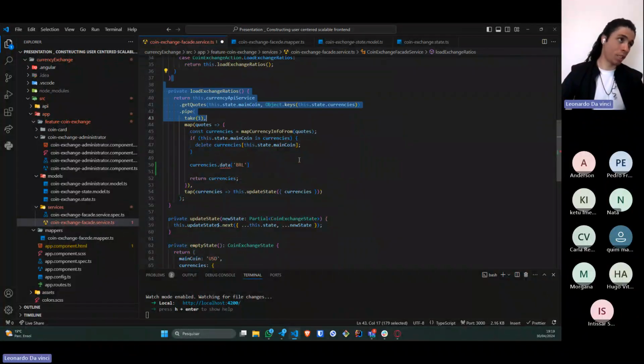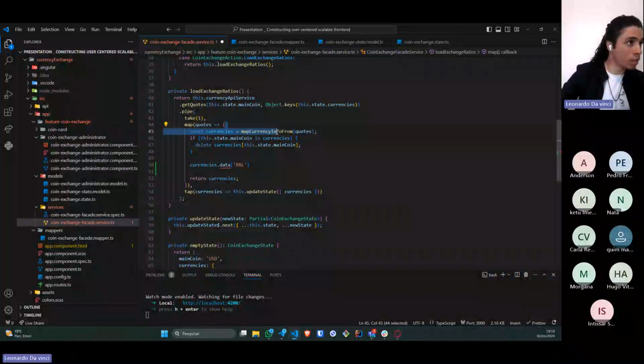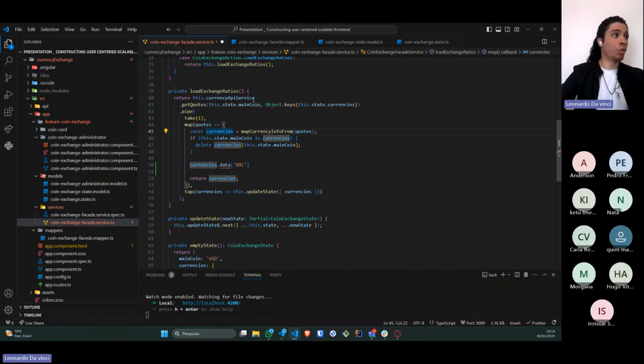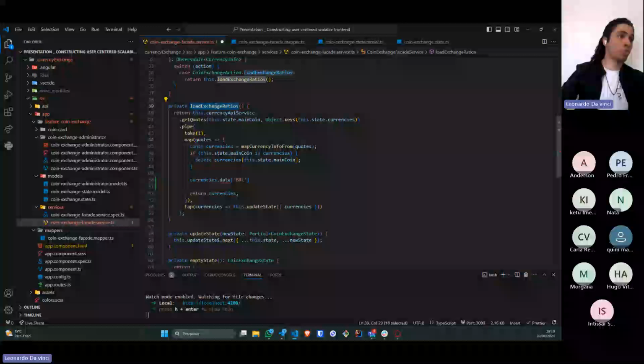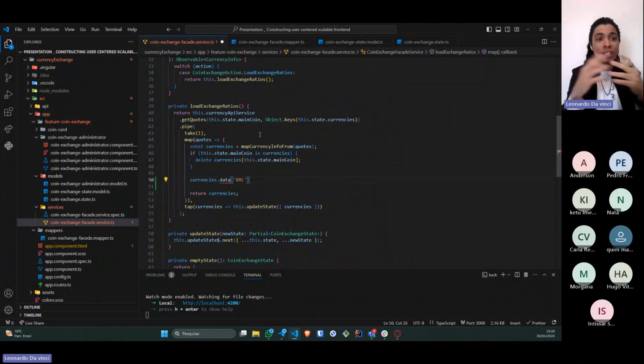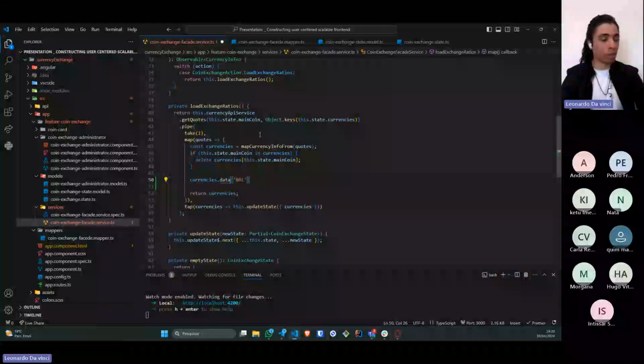What I like to do, at least in my code, is that it sounds as much like a book as possible, in the sense that you can look at the things and can more or less tell a story of what's happening. I load the exchange rate, and then I go get the quotations, and then I, you know, so if I have a .data, what does data tell me? Nothing, right?